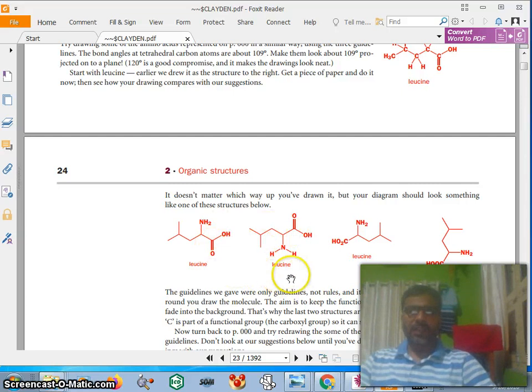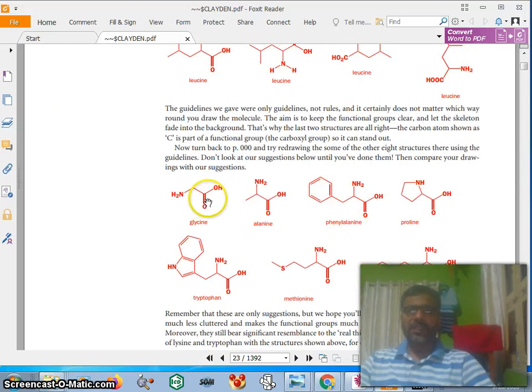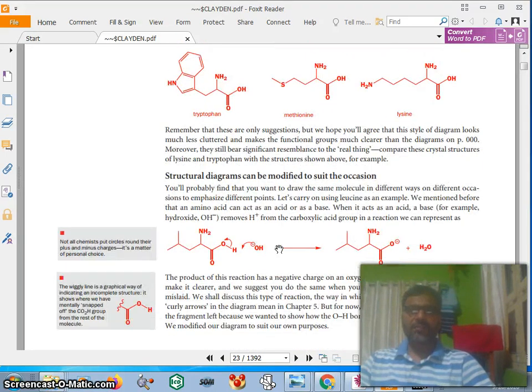Now you can draw leucine like that also. You can draw like that also. So this is the way of drawing. Now glycine, alanine, phenylalanine, proline, tryptophan, methionine, and lysine. So all compounds almost have the COOH group, the main functional group, amino groups, and some compounds have extra amino groups, sulfides.